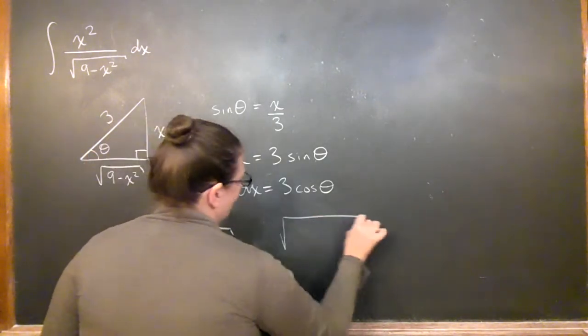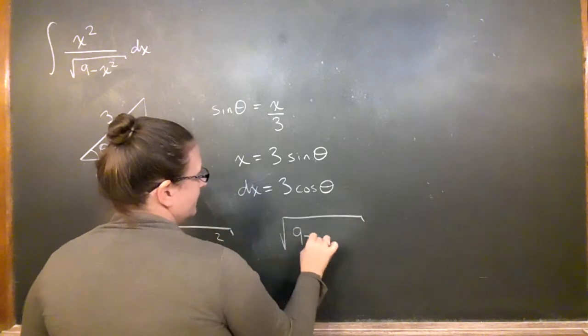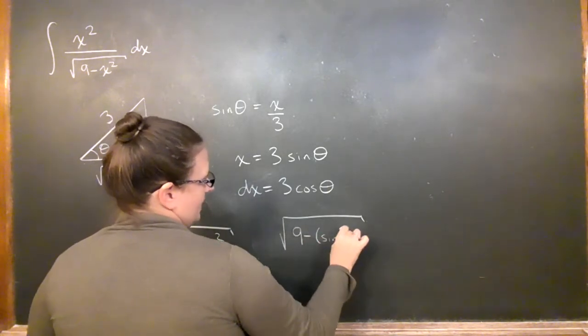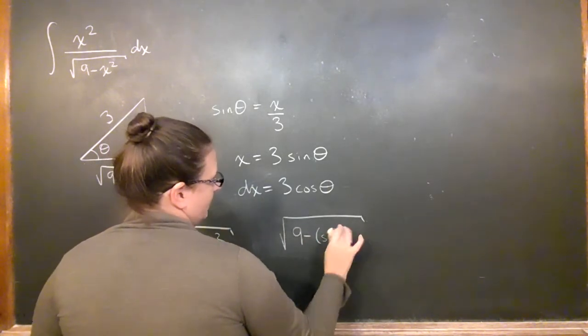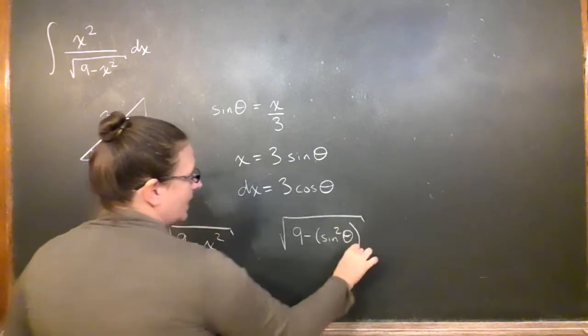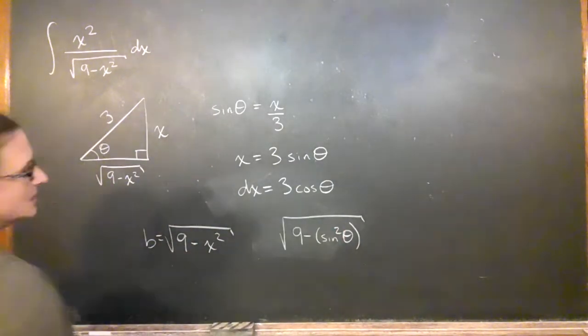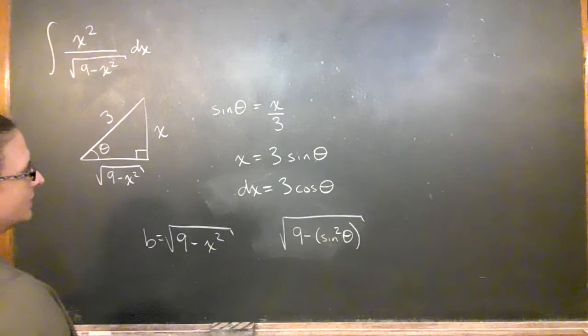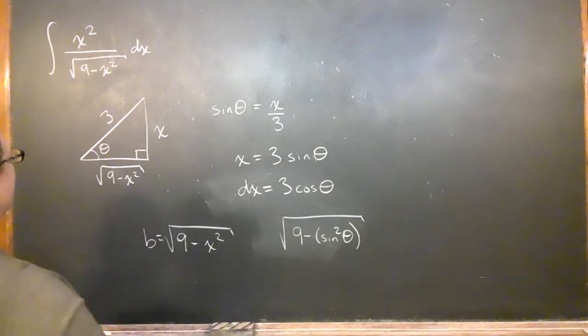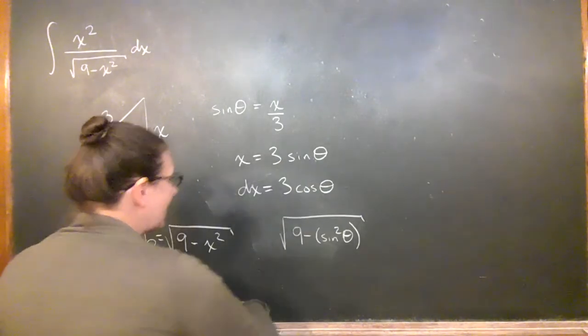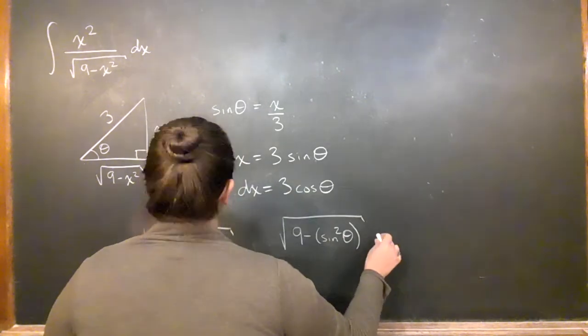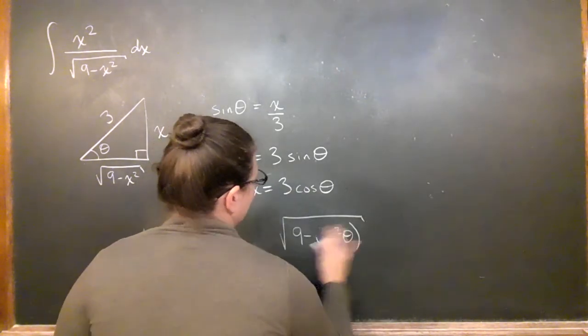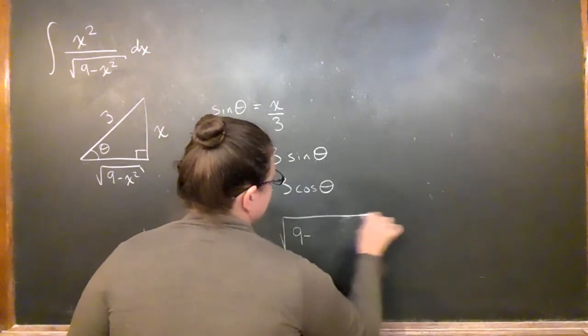So if I want to do that work, I can substitute that in: 9 minus 9 sine squared theta, right? By the way, I left out my 3s, that's why. And then I have to figure out how to deal with that. This is a pain. Anyhow, what I would prefer to do is do it a different way. Let me do it that way.